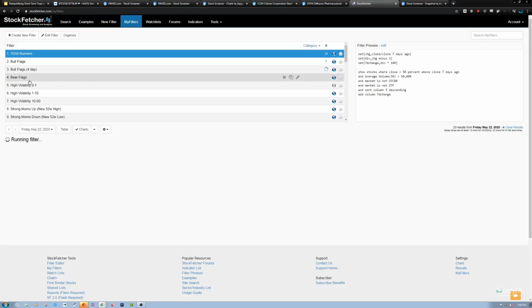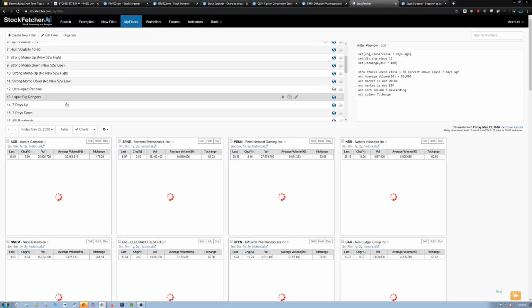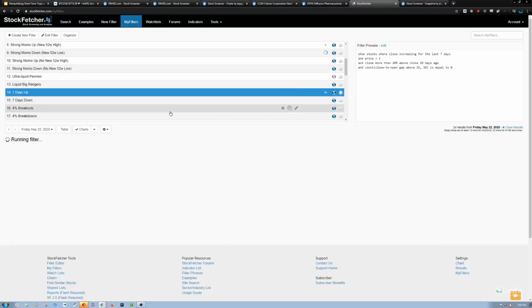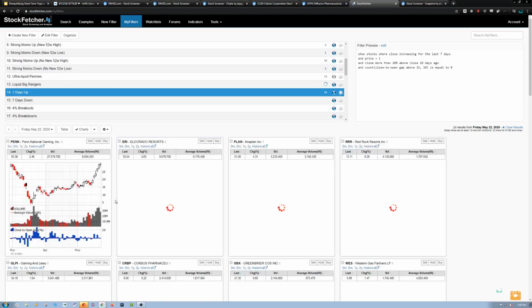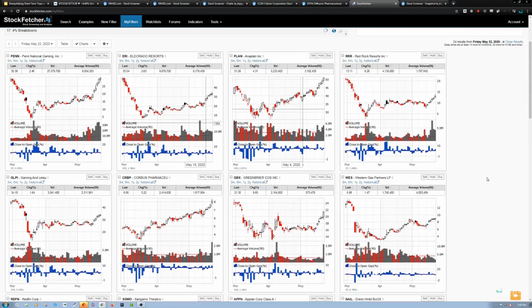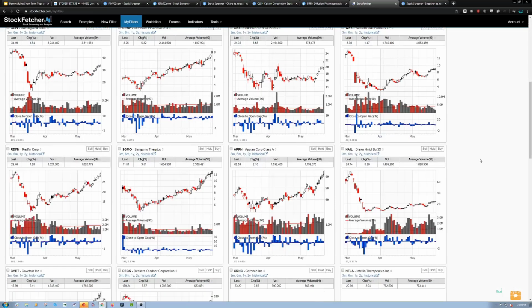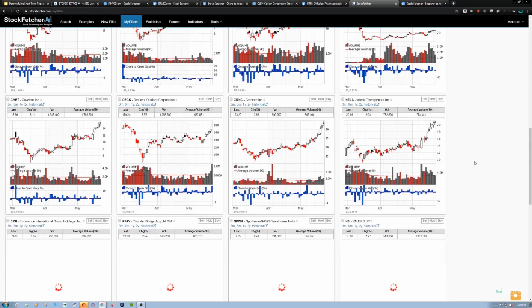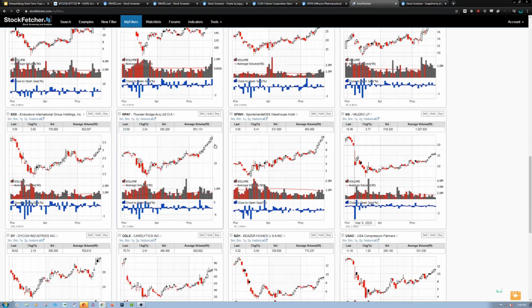I've got one that looks for 7 days up. And then I also have another one. Most of these are not really good parabolics. This RPay is kind of the grind and stall look right now, but it's really only gone from 17.50 to 24 or so.